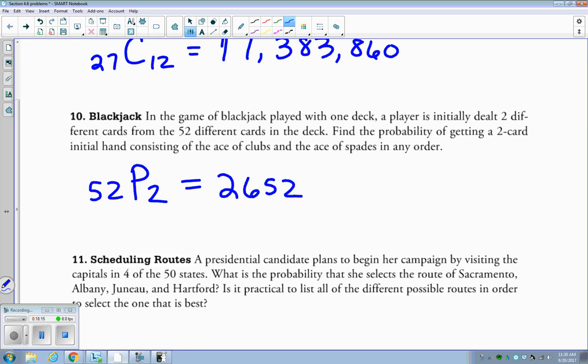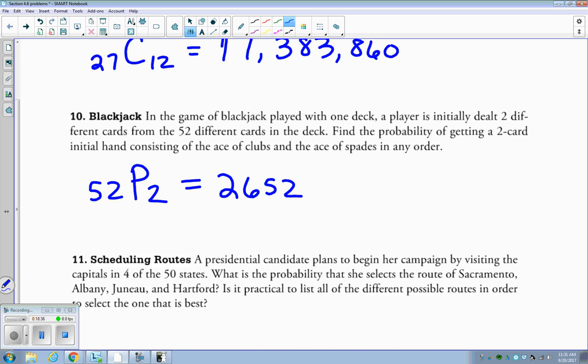52. Okay. And of course, if they want to know the probability, what am I going to put there? 1 over, okay? So there's 2,652 possible ways. Am I right?